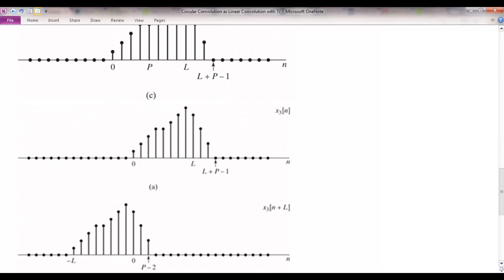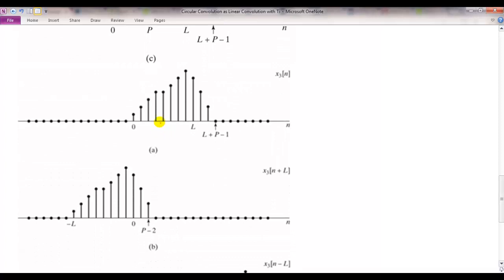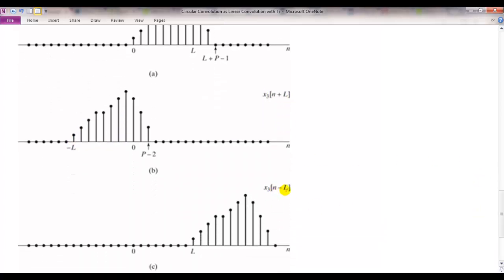To compute the circular convolution, you again do the same thing. You have one copy at 0. You generate another copy at minus L, so they are taking n equal to L. Another copy at L. You add all of them up, and then just look at between 0 and L minus 1.